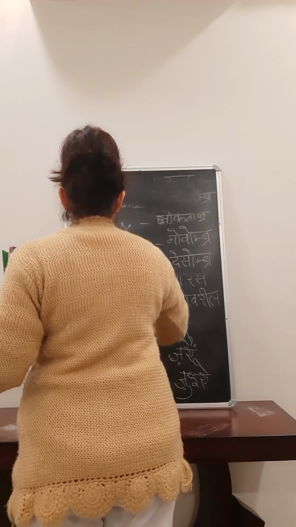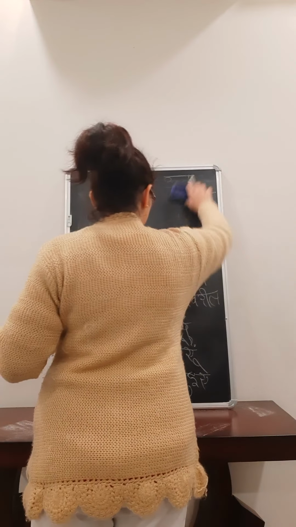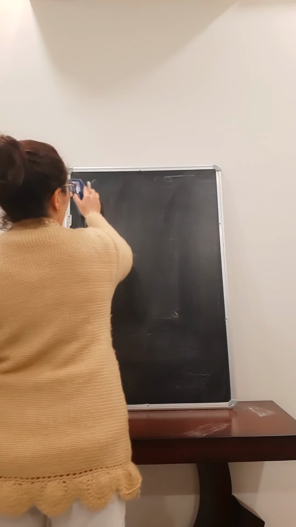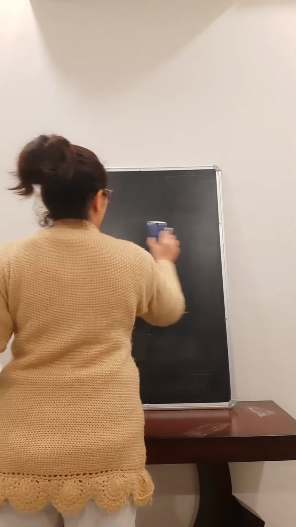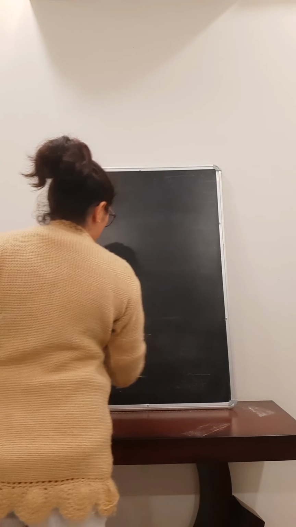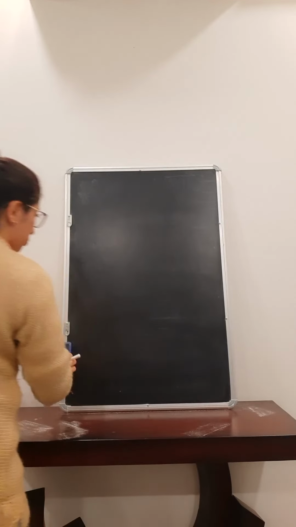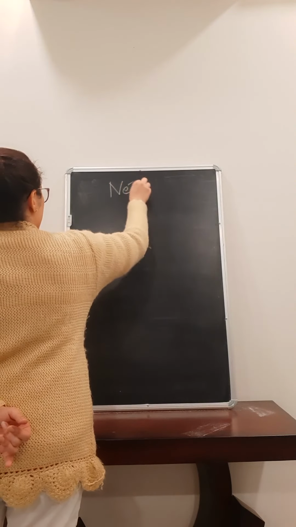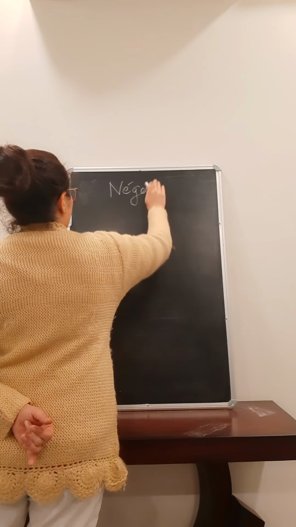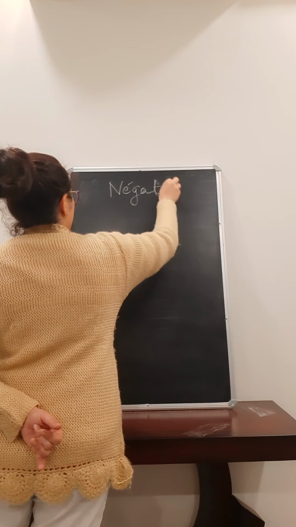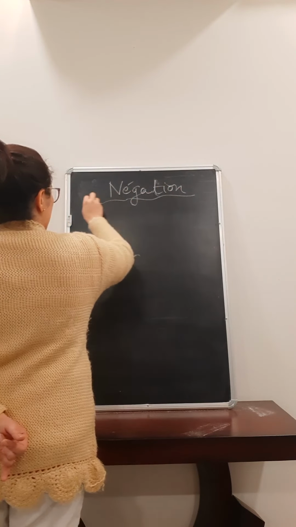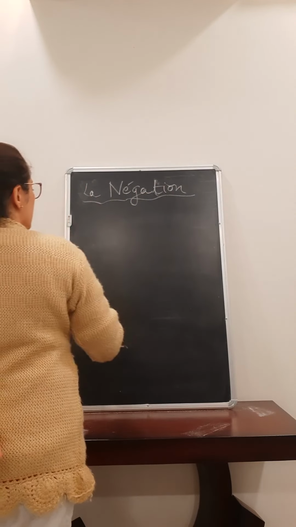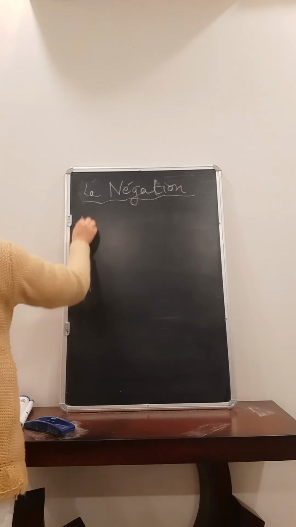Negation is quite simple, but we need to keep a few things in mind. The first rule: how to construct it. Négation, c'est negation. La négation. So what is the rule for negation?